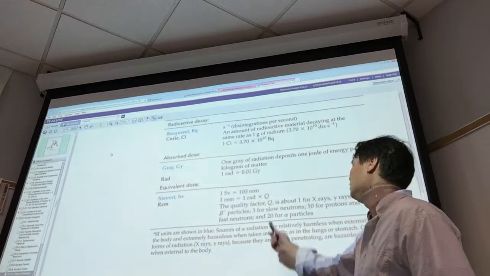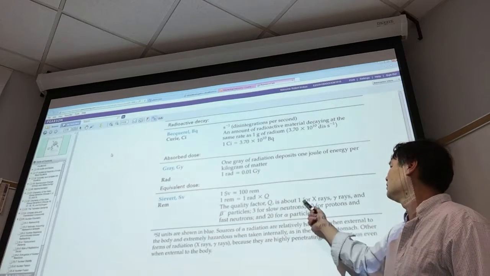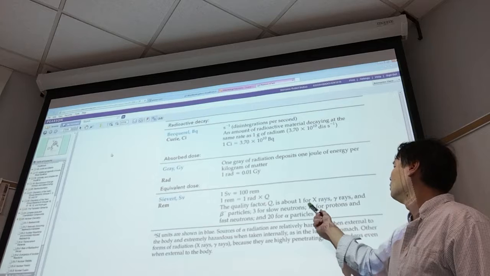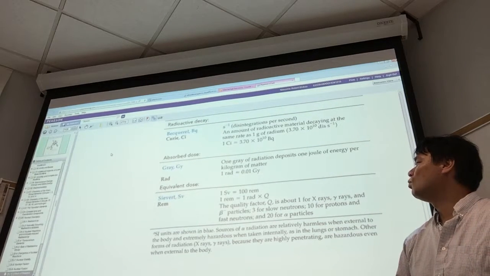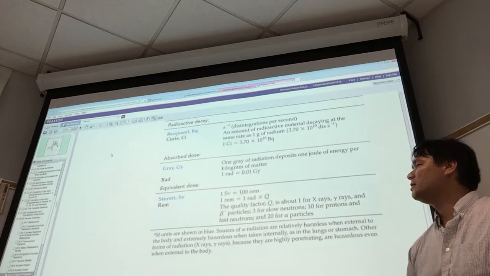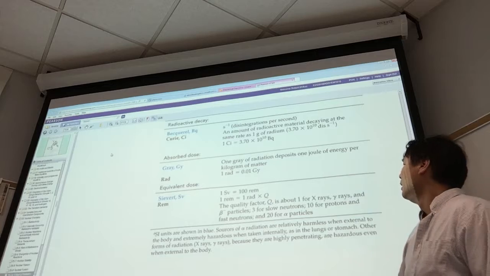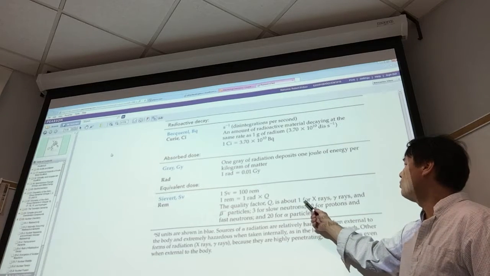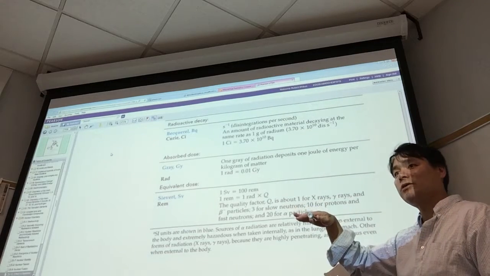And so what is the Q factor for different types of radiation? Well, the Q factor for X-rays is 1. So that means red light must have a Q factor much less than 1. Right. But look at this. Q is about 1 for X-rays and gamma rays. So gamma rays are a little more energetic, right?